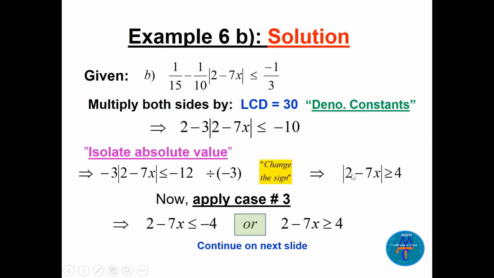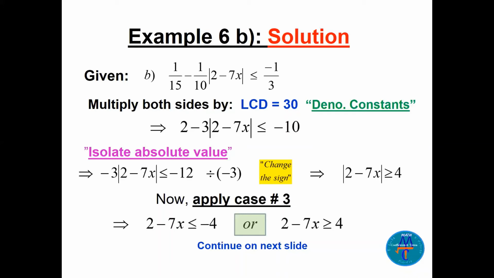Absolute value of 2 minus 7x greater than or equal to 4. Now you decide here, you see this one here? Now you decide, now apply case number 3. If in another question you get less than here, you say now we apply case number 2. So you have to wait. After you rearrange, you decide.